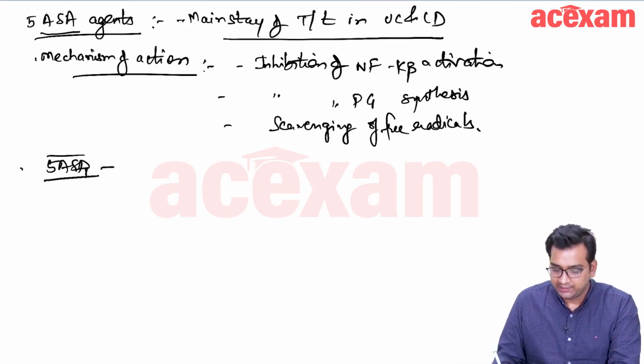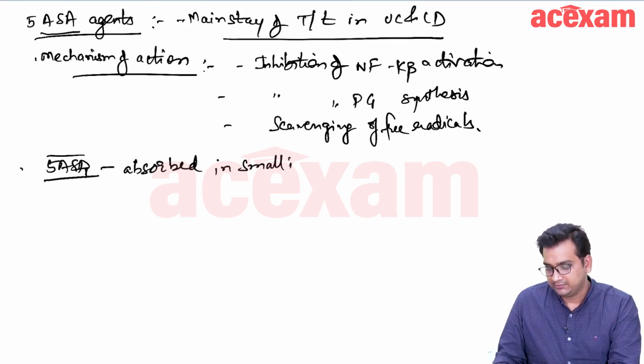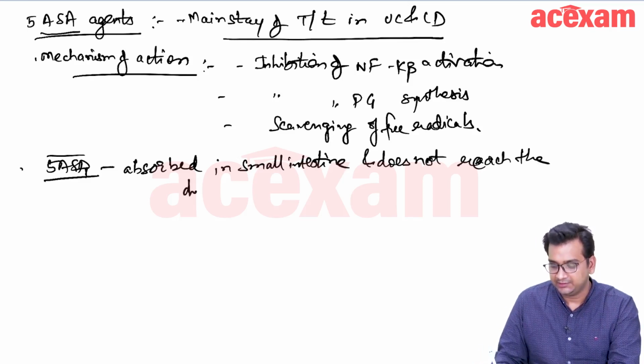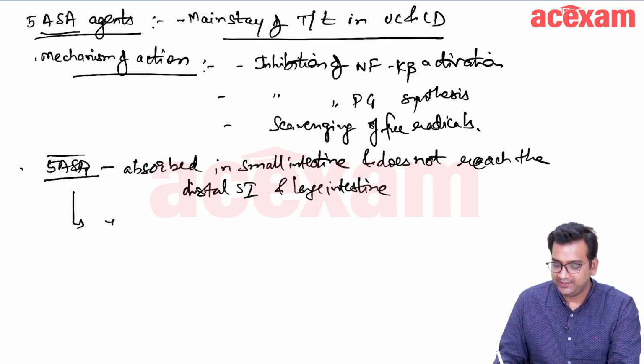So 5-ASA alone is absorbed in the small intestine and does not reach the distal small intestine and large intestine, so it is joined with carriers.